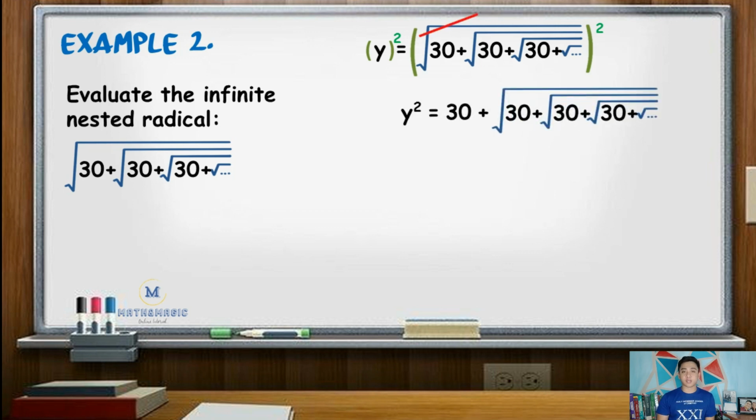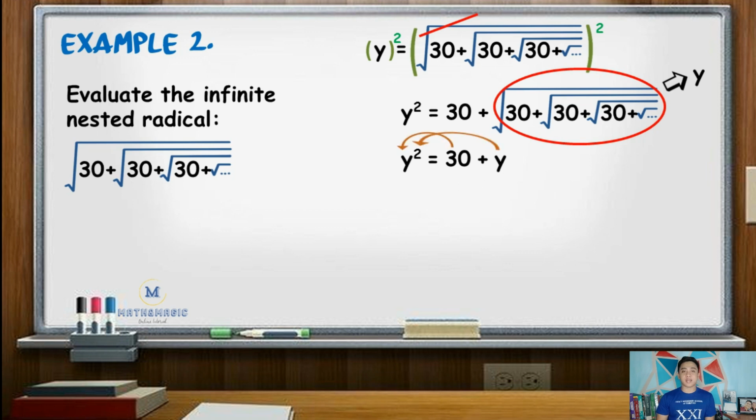Notice that the second term on the right side of our equation brings back the original radical. So we can substitute it by the variable y. Our equation now will become y squared equals 30 plus y. Rewriting them into standard quadratic equation, we'll have y squared minus y minus 30 equals 0.